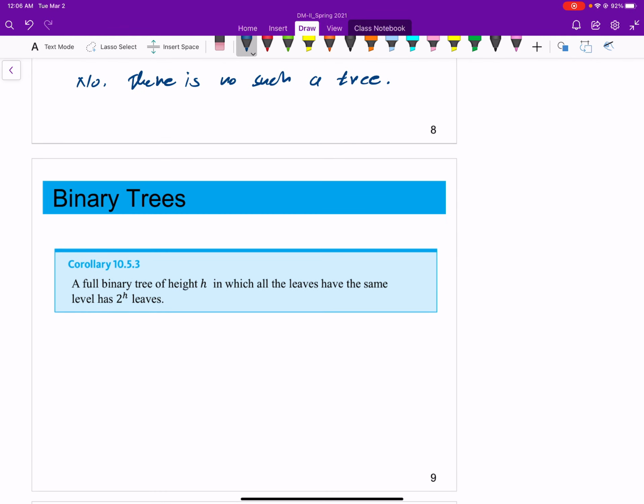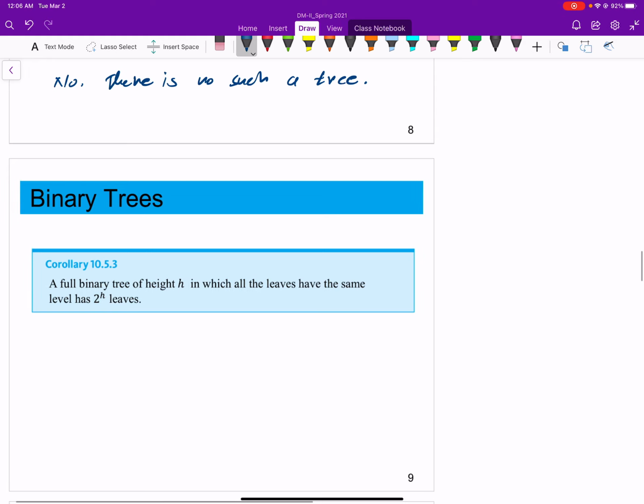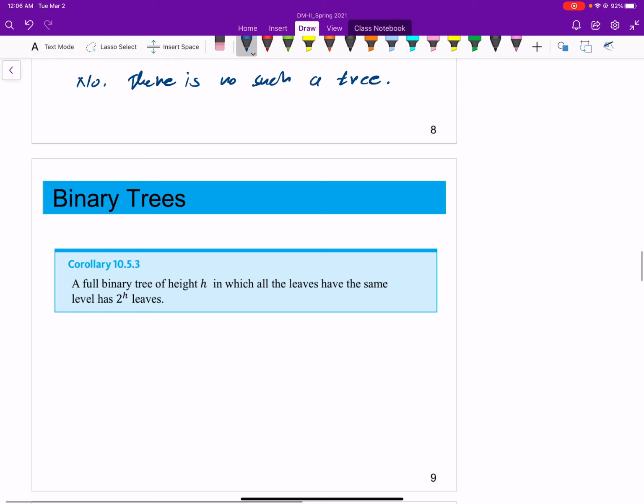Alright, this is a corollary. The number of the corollary is 10.5.3. Let me read it first. A full binary tree of height h, in which all the leaves have the same level, has 2 to the power h leaves.